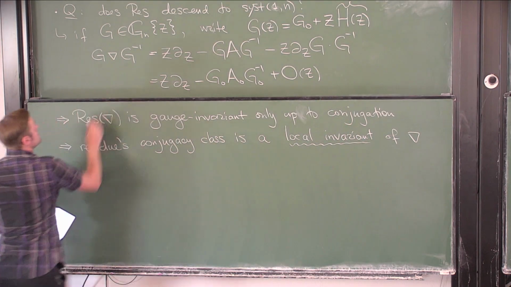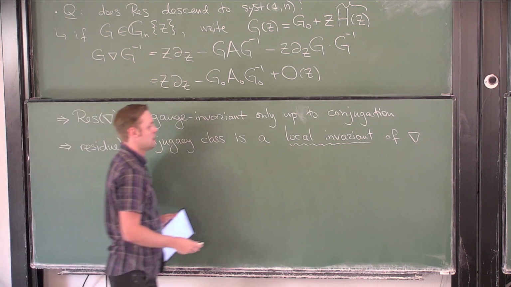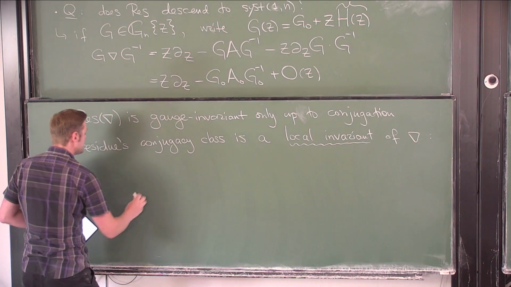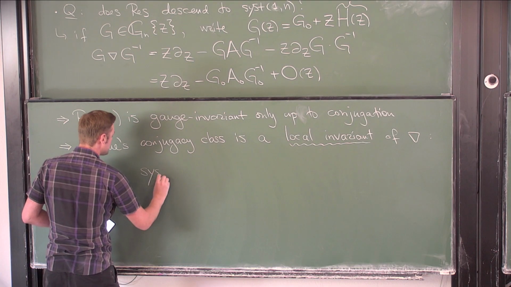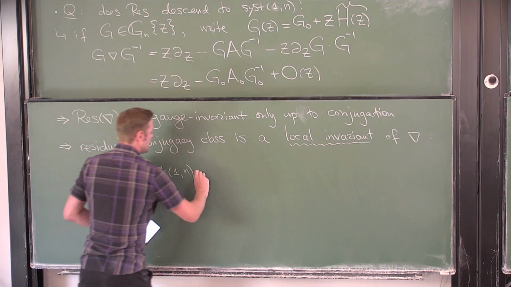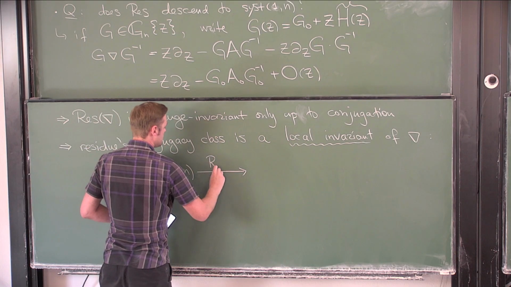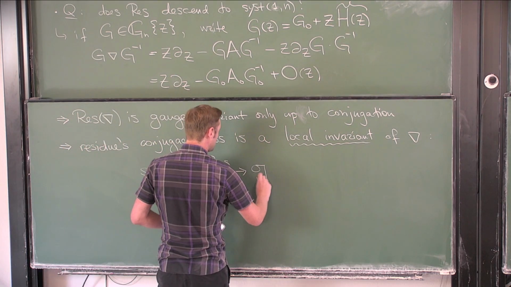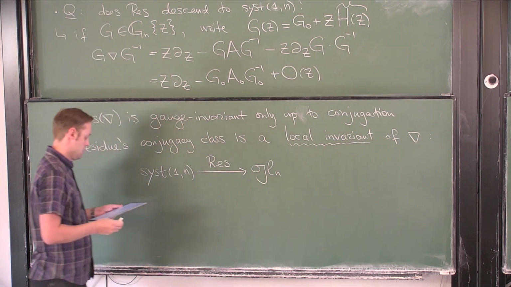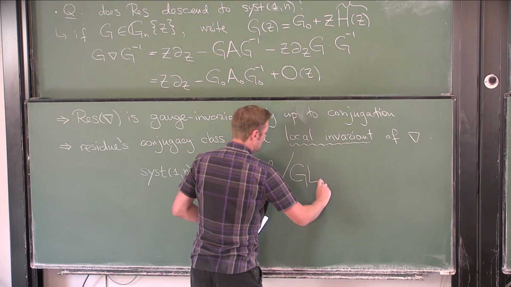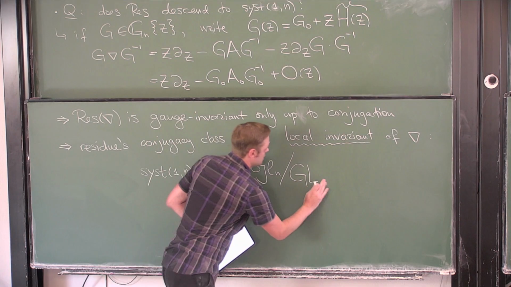So schematically I can write this by saying that that residue map descends down to the moduli space to give me a residue map whose image is not quite in GLN, but in the quotient, GLN by GLN.